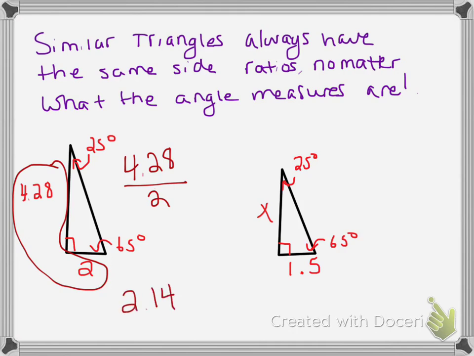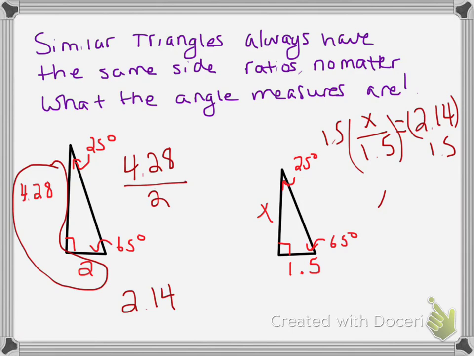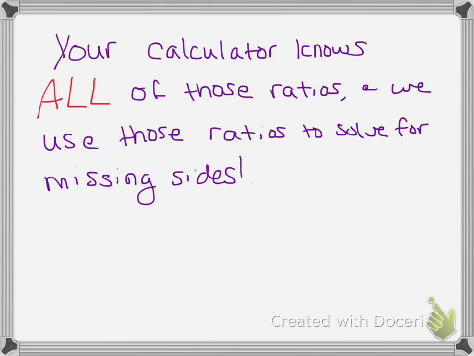All right, so that means that x divided by 1.5 has to equal 2.14. So multiply both sides times 1.5. 2.14 times 1.5 gives me 3.21. So this side length is 3.21. So it's basically the same thing we've been doing, but this time we're looking at the ratios inside rather than across the triangles.